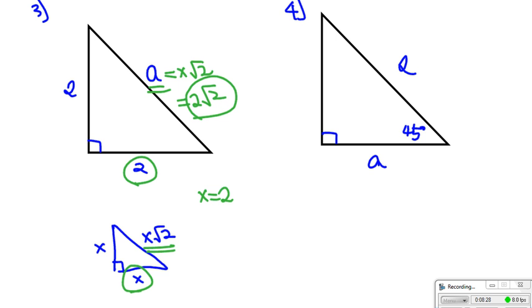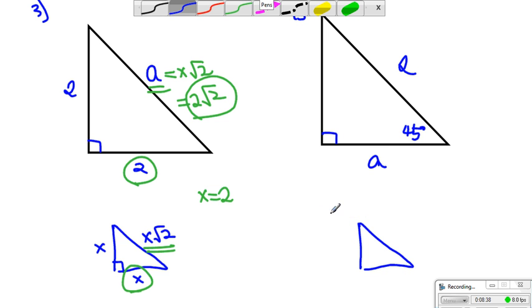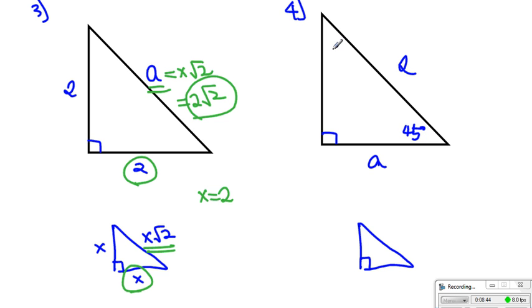Now, on the other hand, let's go for the next question. Similarly, we have a right triangle, but since one angle is 45, the other angle also must be 45, hence making it an isosceles right triangle.